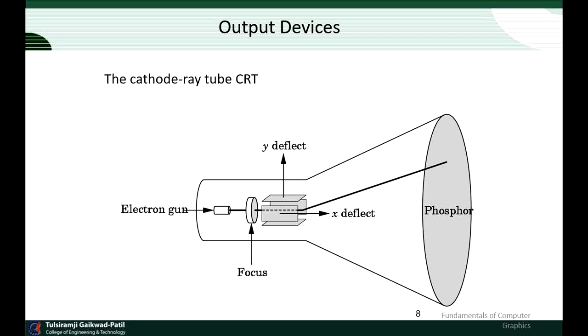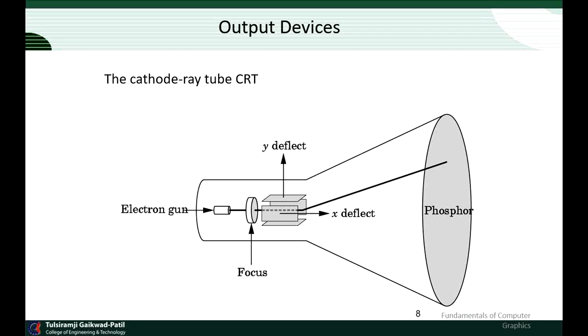So the very first device is shown in the diagram, which is displayed on the screen. Here the CRT, that is cathode ray tube, is displayed. It is also a display device. In this cathode ray tube there are various components: electron gun, focusing system, and deflection plates, that is Y deflection and X deflection plates.